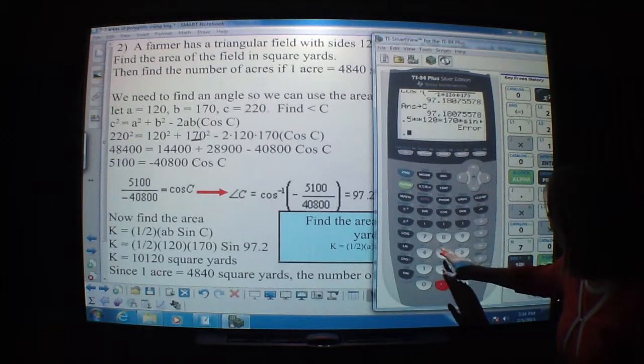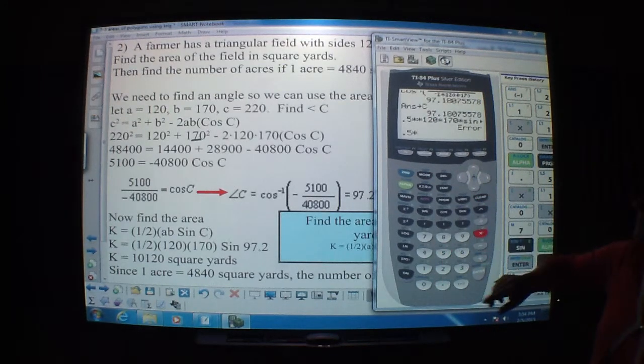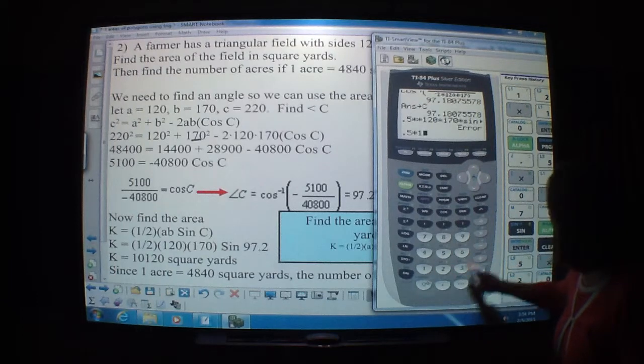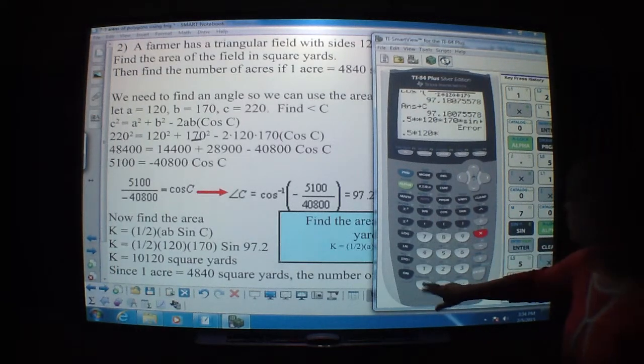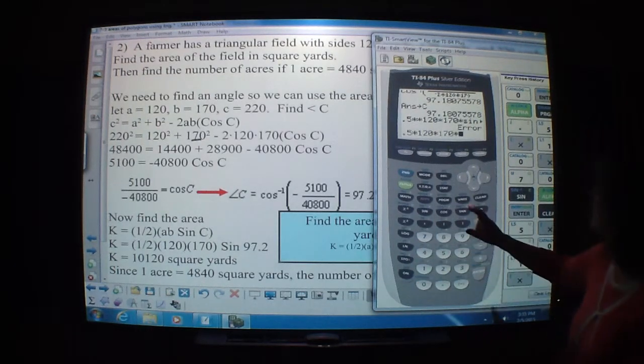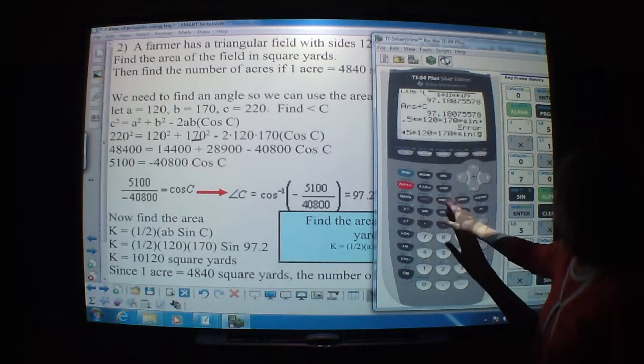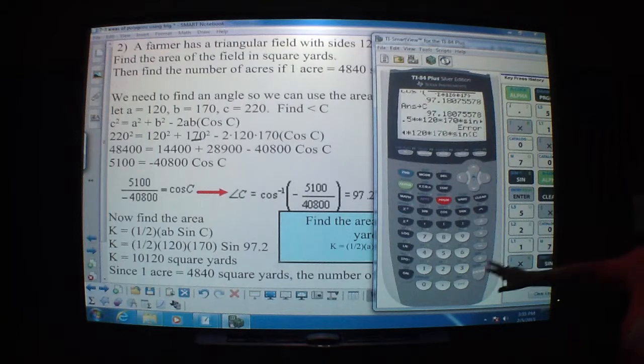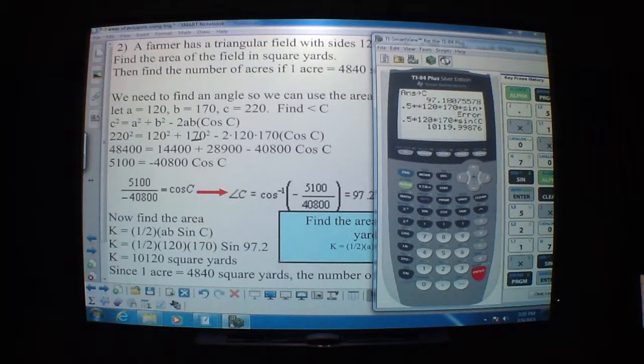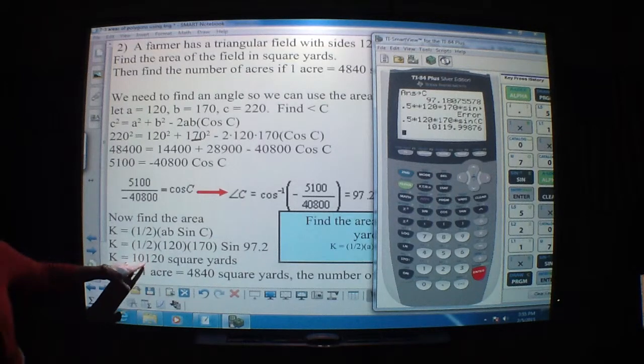So I had 0.5 times 120 times 170 times sine of C. So now if I didn't have those fat fingers to do it, I have 10,119.99876, which is 10,120 square yards. Okay, that's in square yards.